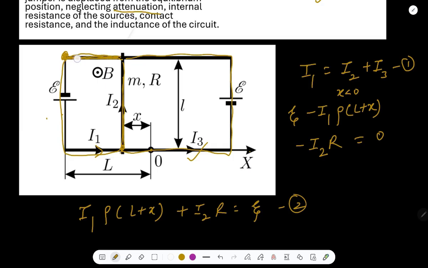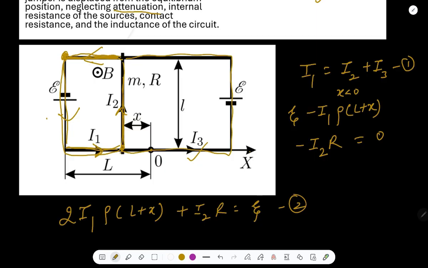This one also has resistance. That means I should write it 2 times here, because this part and this part both have the same resistance. We moved twice, from here to here, and here again.